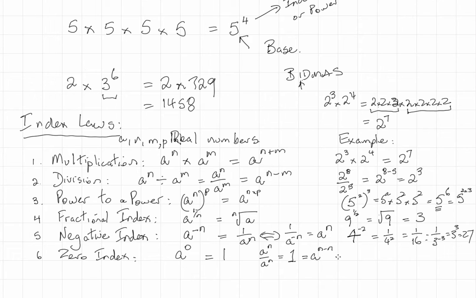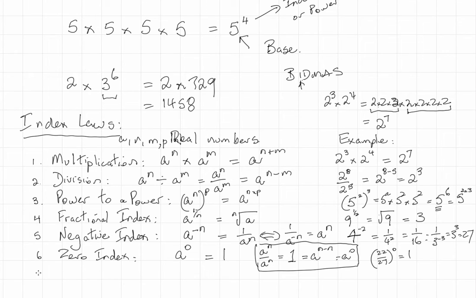And n from n is 0, so that's a to the power of 0. So a little proof, if you like, of why any real number raised to the power of 0 is equal to the number 1. So 22 on 27, all raised to the power of 0, is equal to 1.